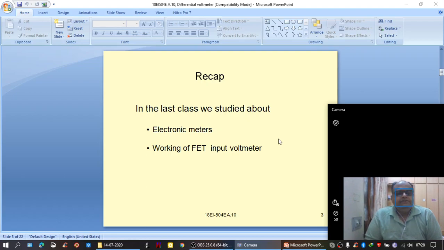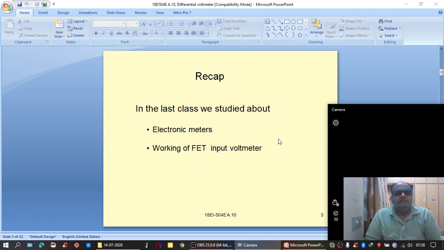FET is used in source follower mode, ensuring high input impedance and low output impedance. The output of FET is connected to a BJT, which is used in emitter follower mode. This also provides high input impedance and low output impedance.